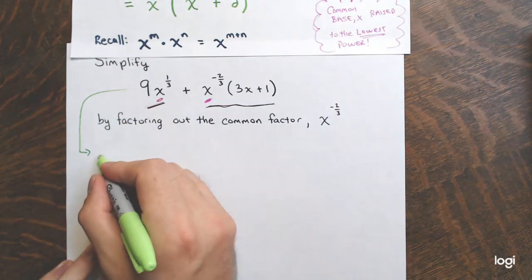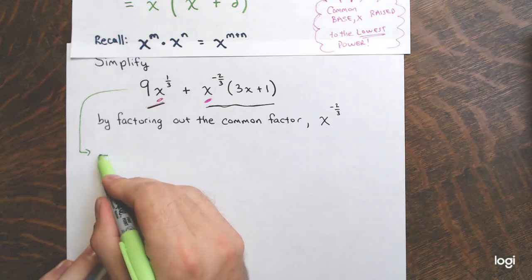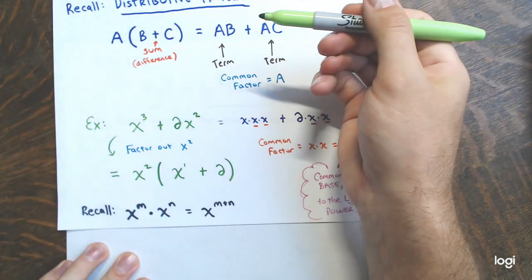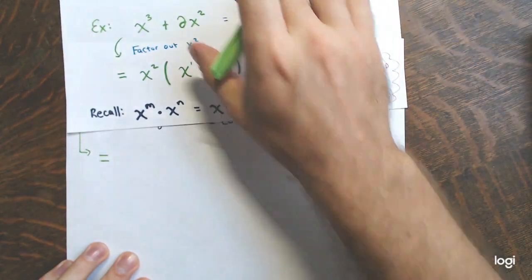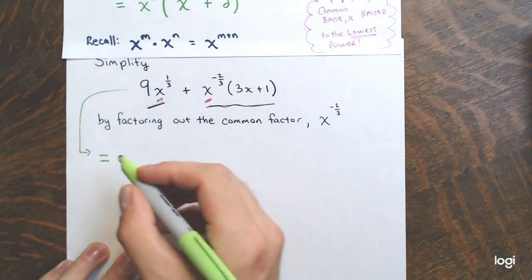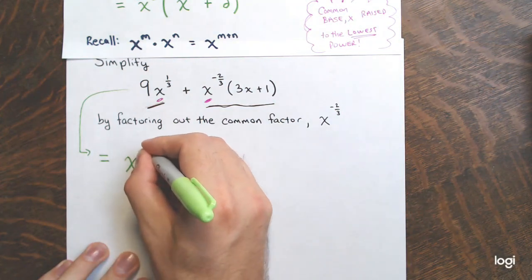is equal to, pull out the common factor. Basically, I'm just reversing the distributive property. So I'll pull out this x to the negative 2/3 power. That'll become its own factor.